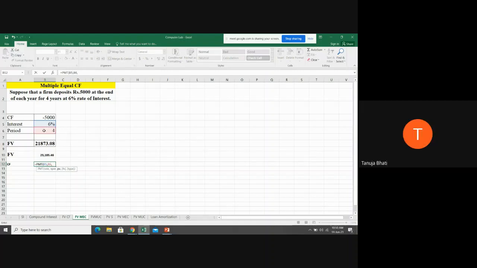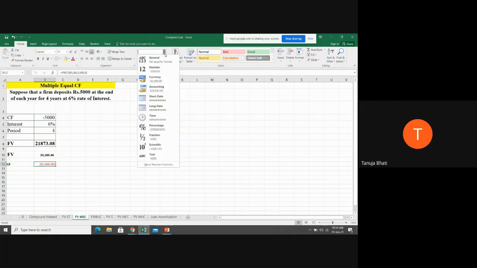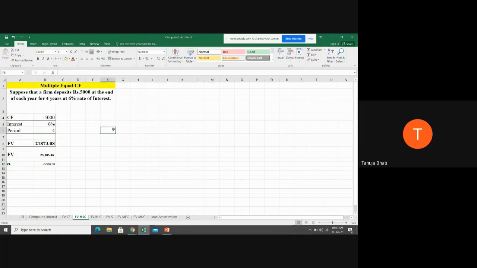Next, present value, 0. Next, future value, B8. Next, this again comes to 0. It is in dollars, so what I will do is I will just put it in numbers. So I've got the cash flow as 5,000.